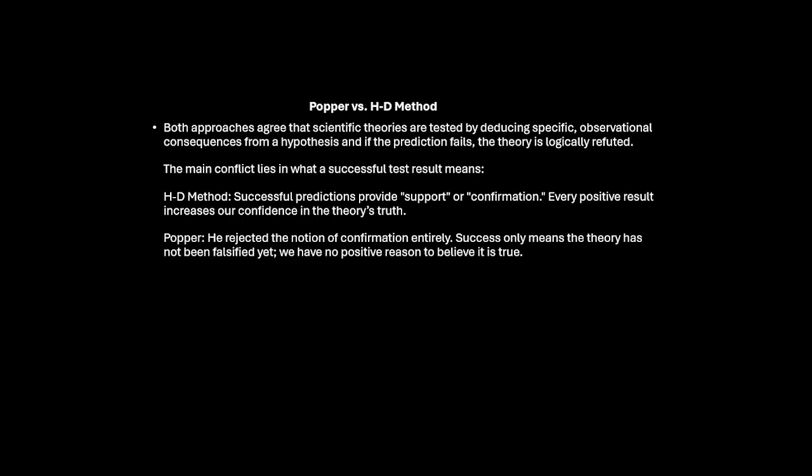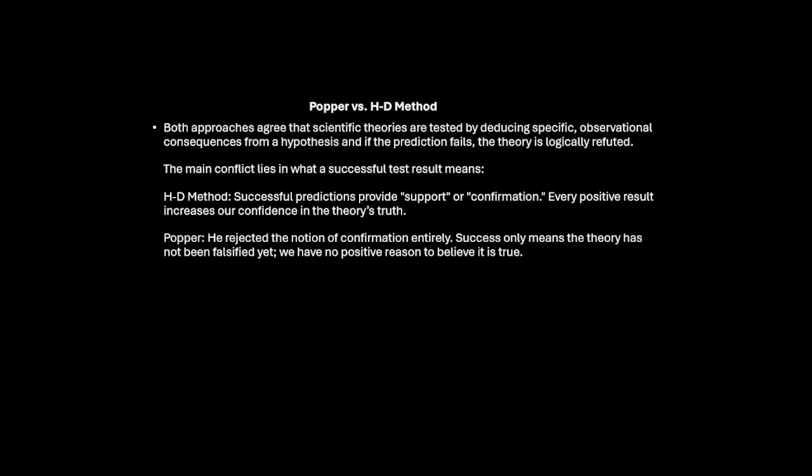And now that we have mentioned confirmation, let's talk about the differences between Popper's falsification and hypothetical deductive method. The similarity with Popper is that both involve deducing observational consequences from a hypothesis. A falsification is also deductive.